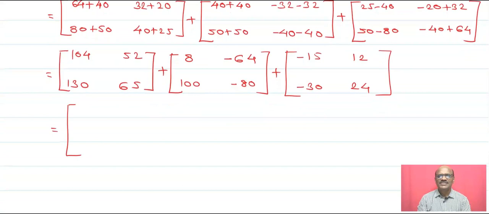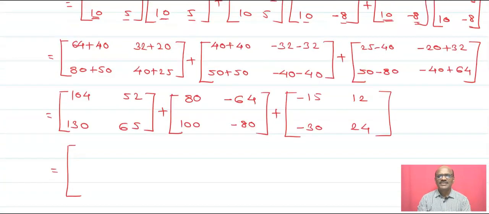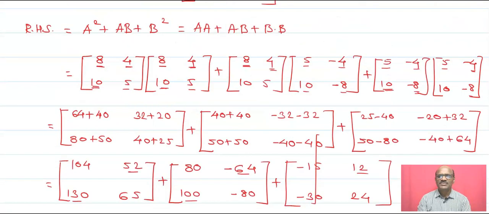Now see this, 80, and change it. That is, the total addition is 169. Next is 0.